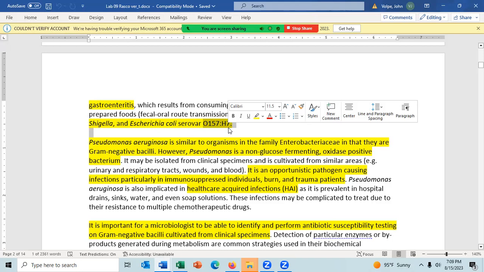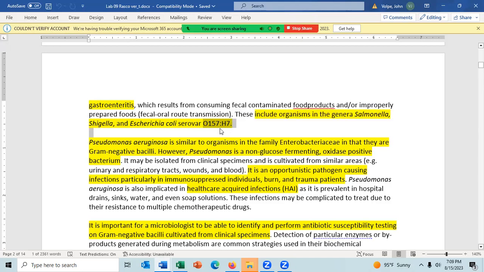Rarely does this happen in the United States, but occasionally you'll read a newspaper article that several people were going to, I don't remember, some fast food place, and then they were getting exposed to O157:H7, and then they get gastroenteritis. Any question about any of that?